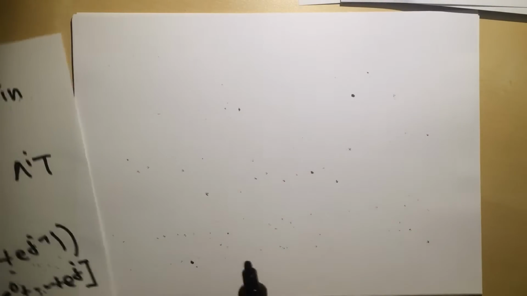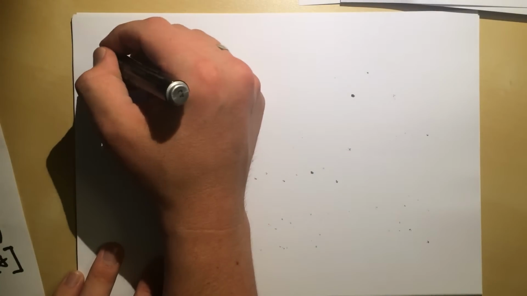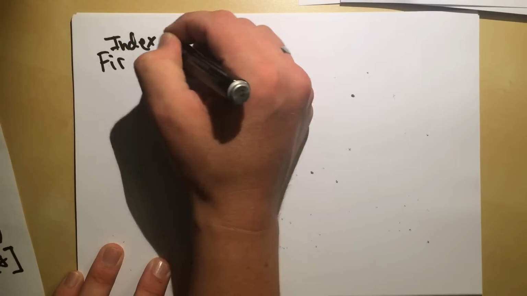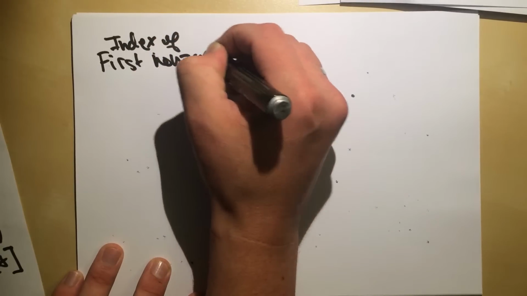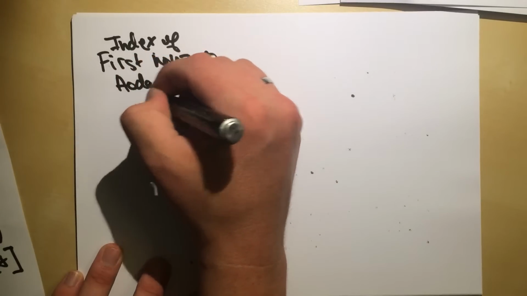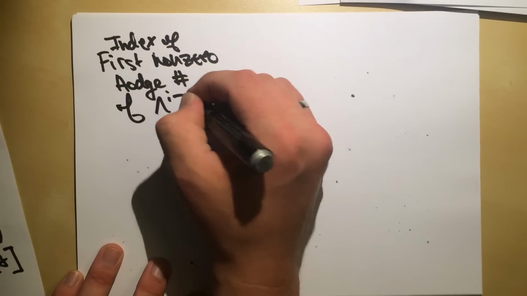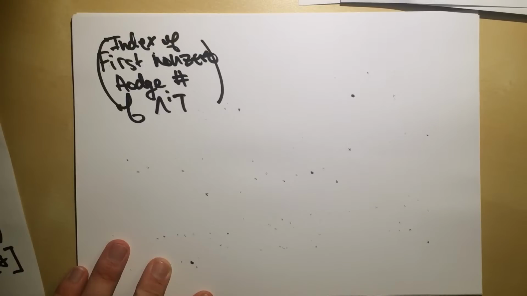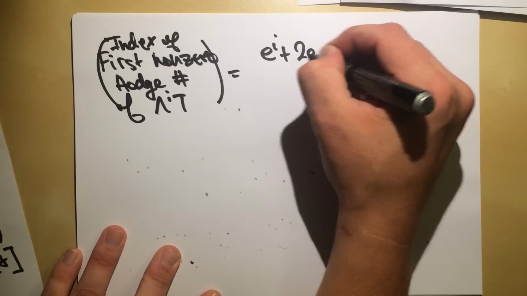Okay, so we had this formula. It said that the first non-zero index of the first non-zero Hodge number of lambda I of t was equal to this ugly sum.